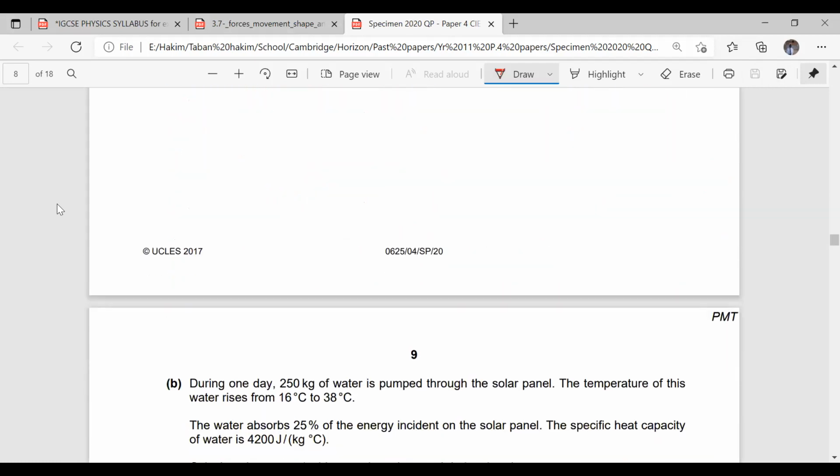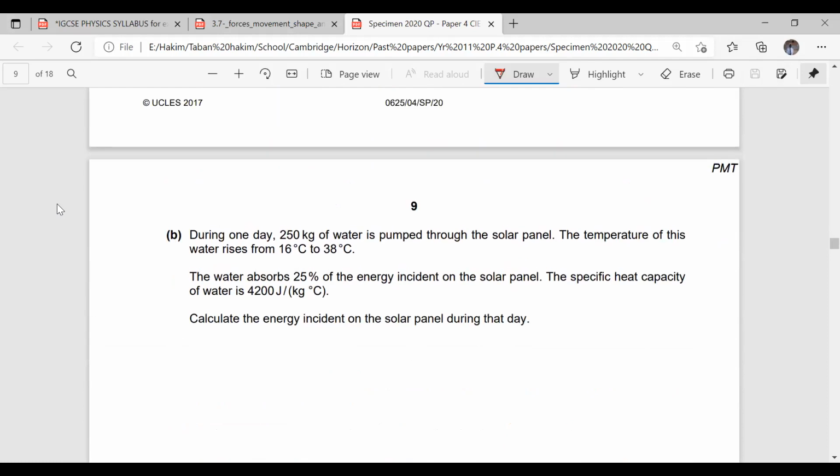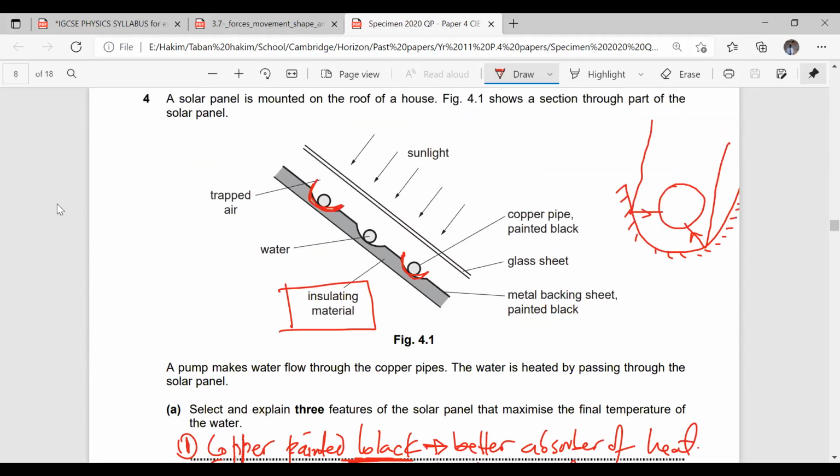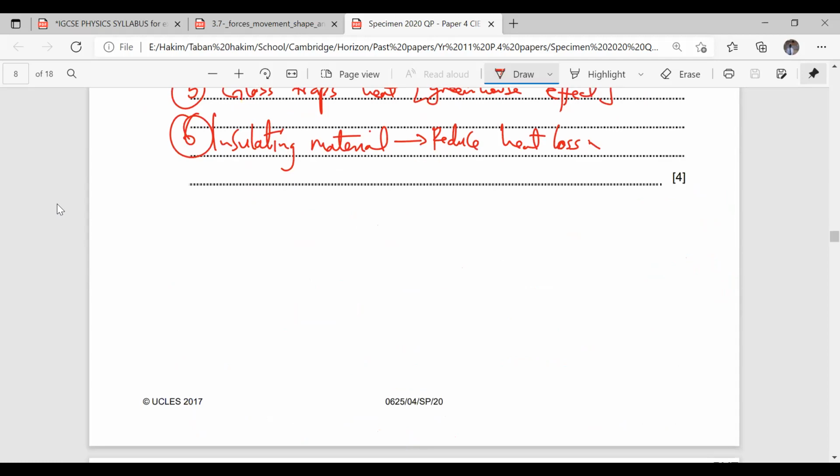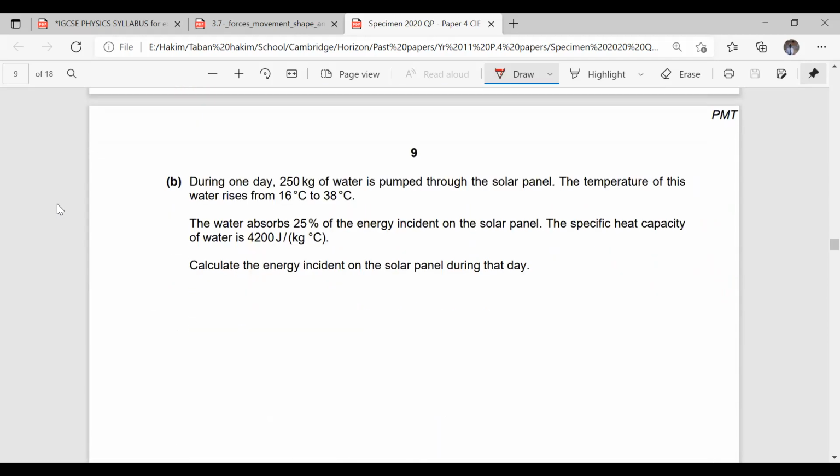Then the next question is saying that during one day, 250 kilograms of water is pumped through the solar panel. The temperature of this rises from 16 to 38 degrees Celsius.